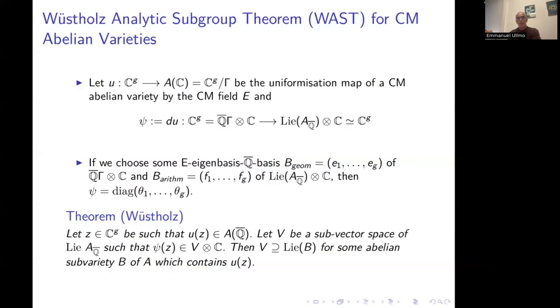So there is an abelian subvariety B of A such that Lie(B) is contained in V, and such that u(z) is contained in B.